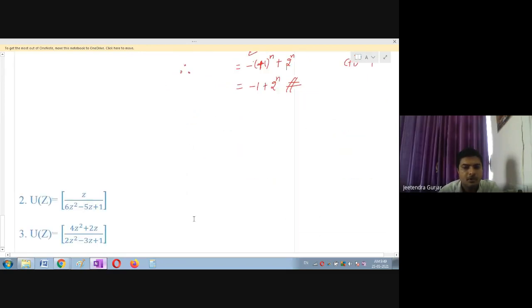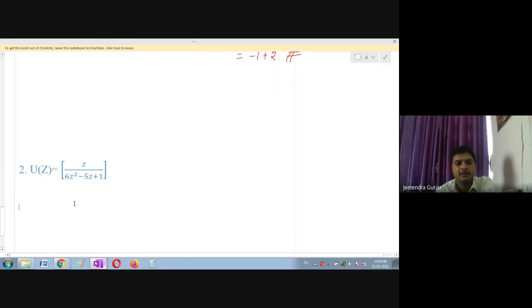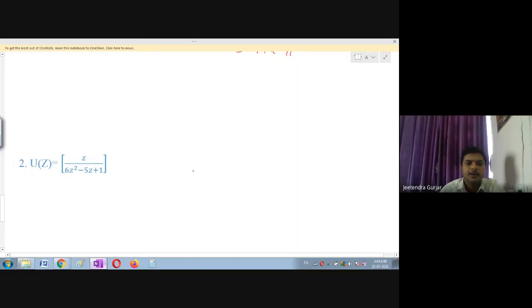Okay, please, will you solve the next example now? Same again, you are going to find, this is the second example, you are going to find inverse Z transform. So now again you have to simplify like this. You have to think that in the numerator the order is 1 here, that is Z raised to 1.